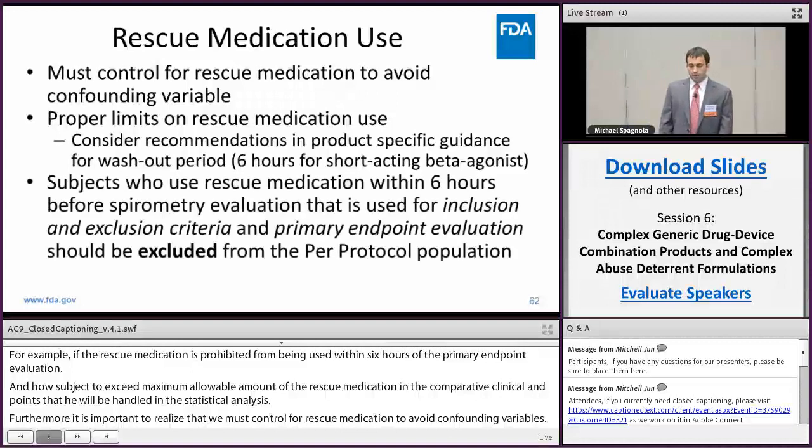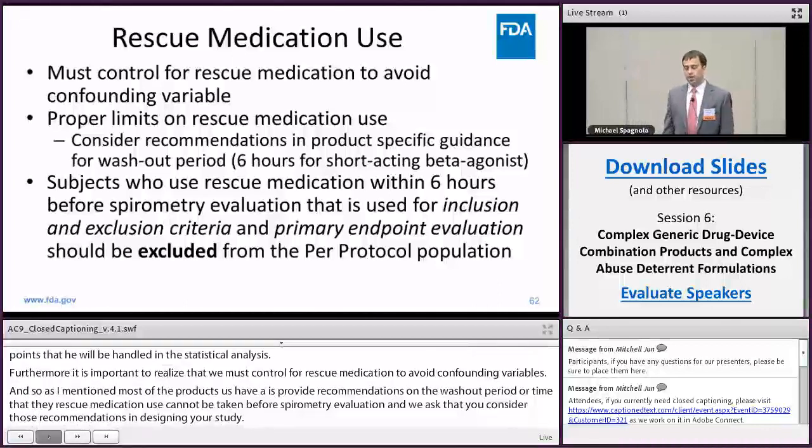The other thing I wanted to emphasize is that subjects who use rescue medication within 6 hours, if that's what you decide to include in your study design, before spirometry evaluation that is used for inclusion and exclusion criteria and primary endpoint evaluation should be excluded from the per protocol population.